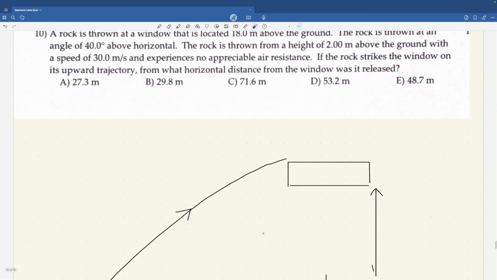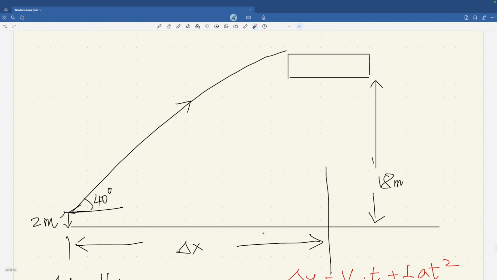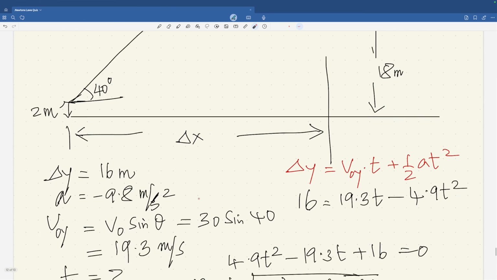Okay, so the diagram is important again, and here is the diagram. 2 meters above, that's 2 meters. The window is 18 meters above the ground, which means the delta y is 16 meters, right? The stone has to travel 16 meters. It's projected at 40 degrees. So first thing is you break that velocity into its x and y components.